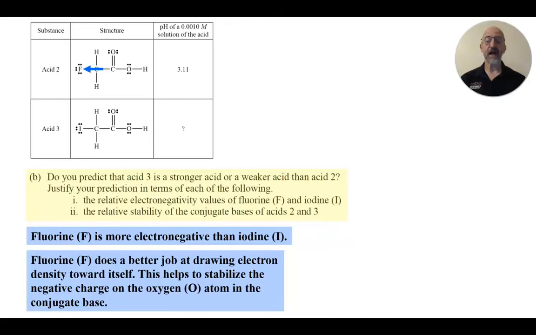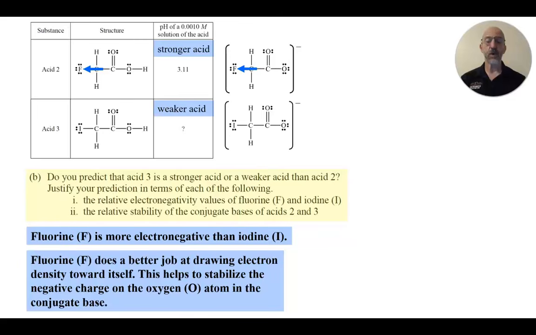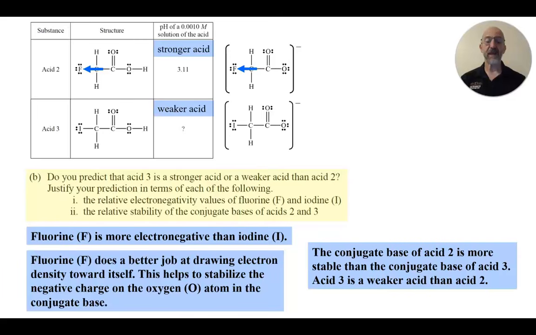This helps to stabilize the negative charge on the oxygen atom in the conjugate base. And so looking at this comparison of the two conjugate bases of acid 2 and acid 3, we can see that the conjugate base of acid 2 is more stable than the conjugate base of acid 3. So that makes acid 2 the stronger acid and acid 3 the weaker acid.